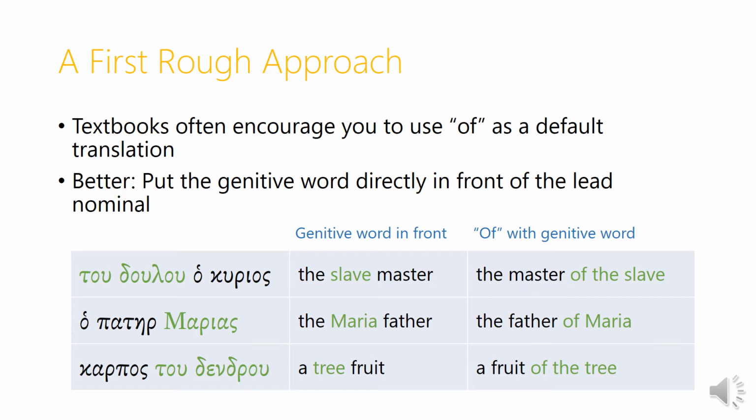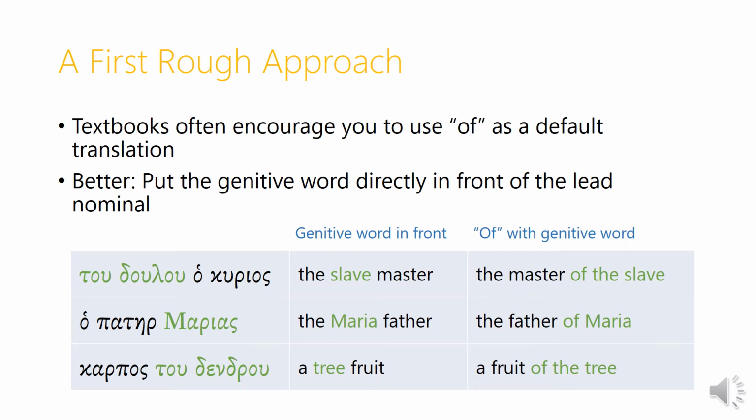So Tou doulou ho kurios would be the slave master. We're putting the genitive word "slave" in front of "master." The slave master. Ho patēr Marias is the Maria father. Karpos tou dendrou is a tree fruit.